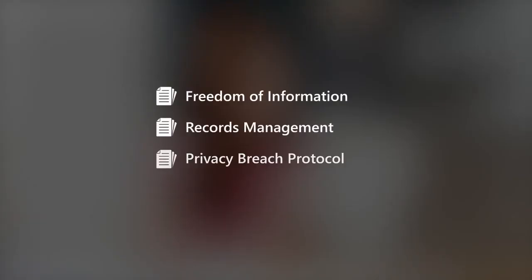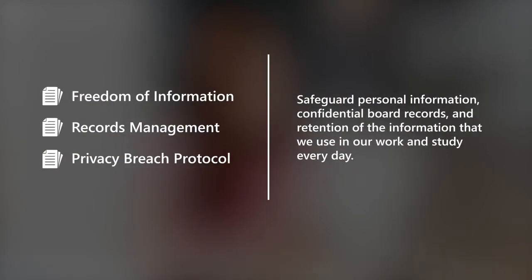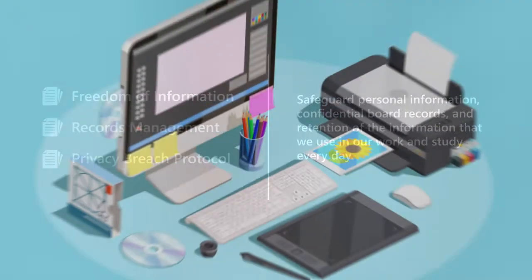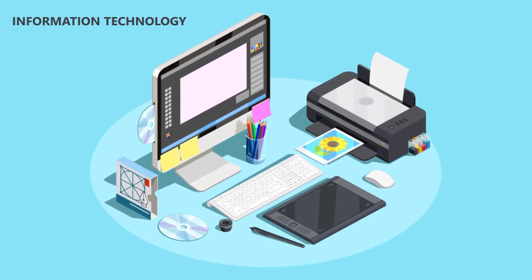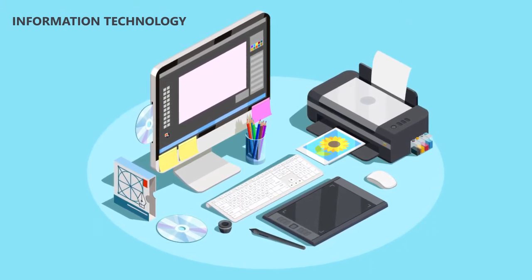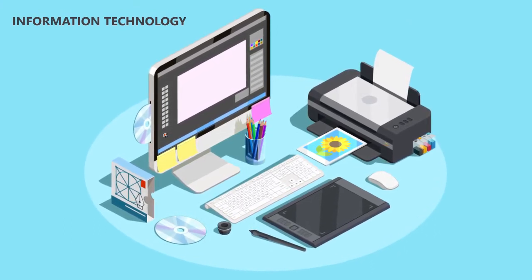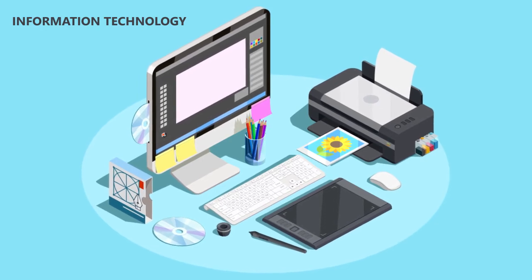APS-017 works alongside other WCDSB policies like Freedom of Information, Records Management, and Privacy Breach Protocol to safeguard personal information, confidential board records, and retention of the information that we use in our work and study every day. Information technology refers to any physical hardware such as laptops, printers, and learning devices supplied or managed by the board.